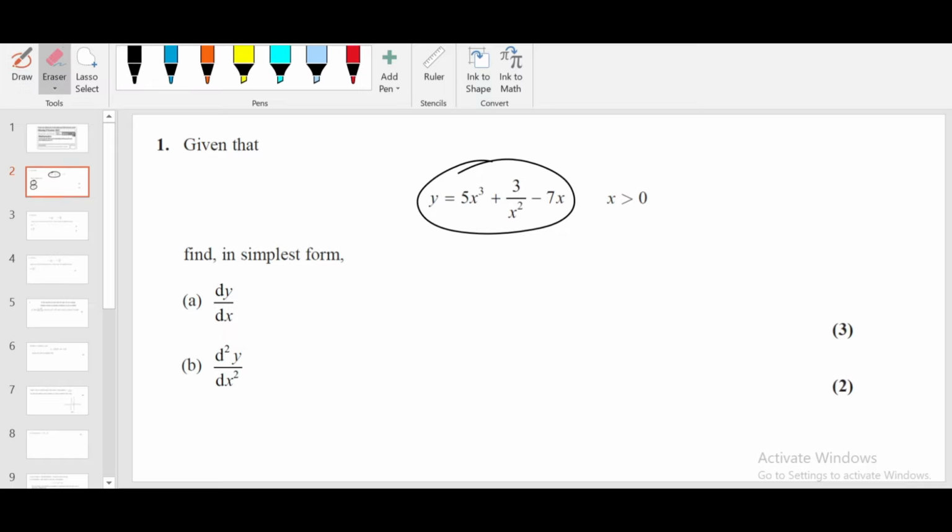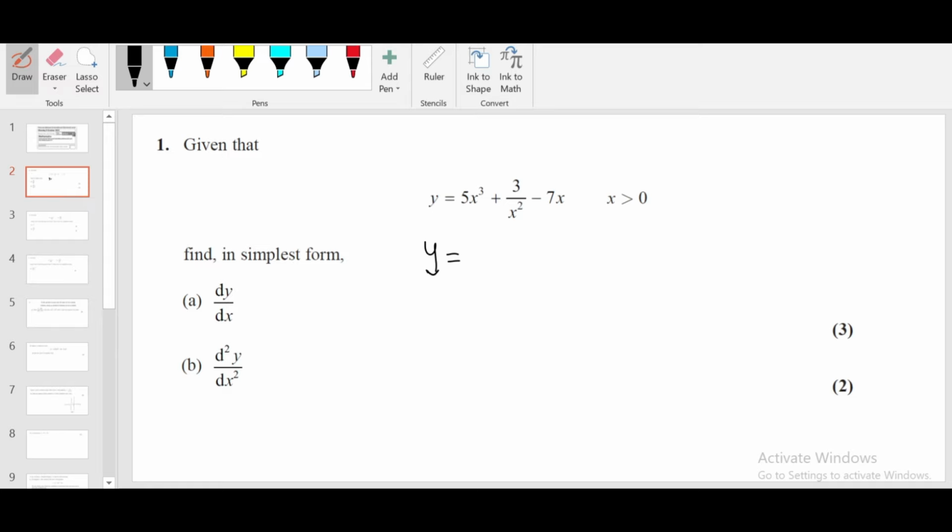First thing, before you differentiate, we can rewrite y in this form: 5x cubed plus 3x power minus 2 minus 7x. Then it's easy to differentiate.